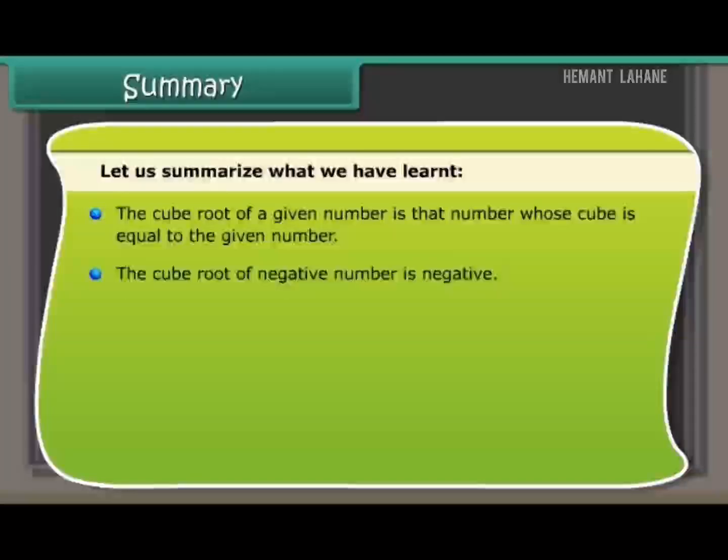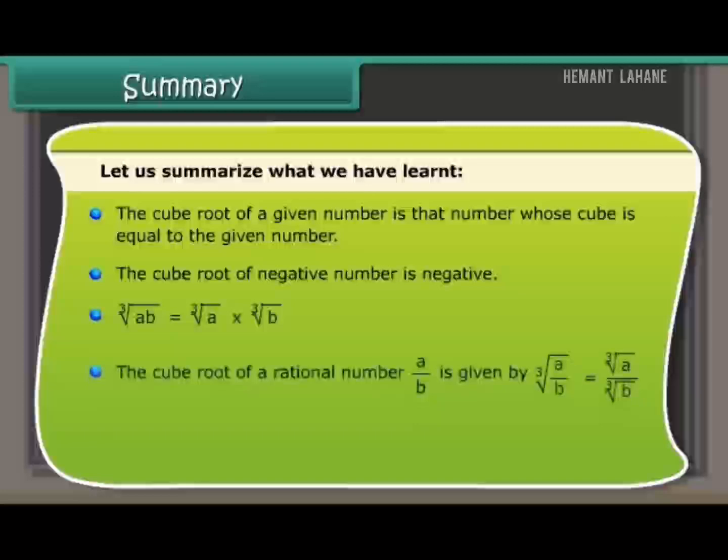The cube root of a negative number is negative. Cube root ab is equal to cube root a into cube root b. The cube root of a rational number a upon b is given by cube root a upon b is equal to cube root a upon cube root b.